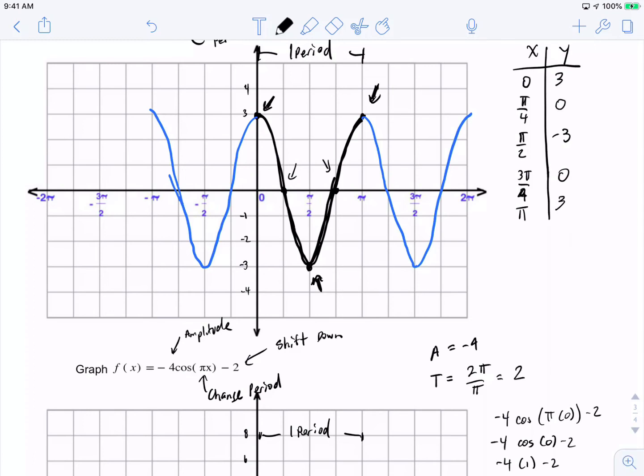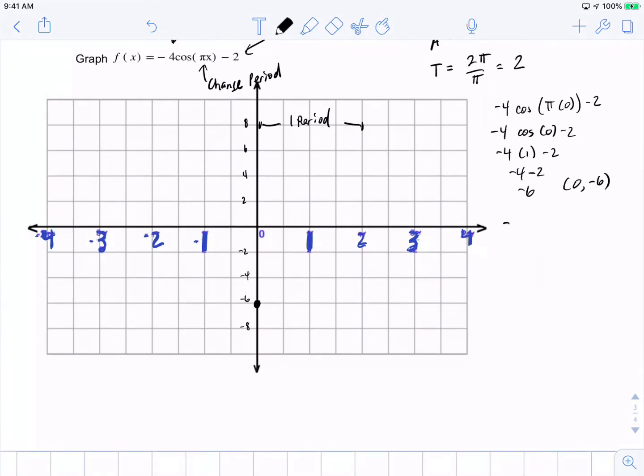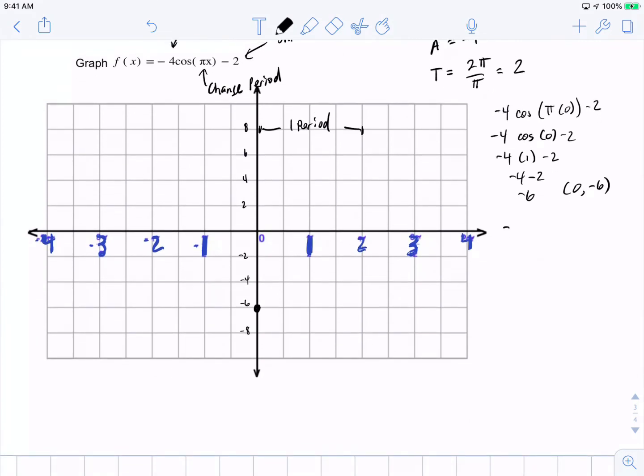So since the period is 2, half of 2 is 1, and 0 is the other endpoint. So I know that I'm going to have a crest at 0. And again, I should have that same value at 2.